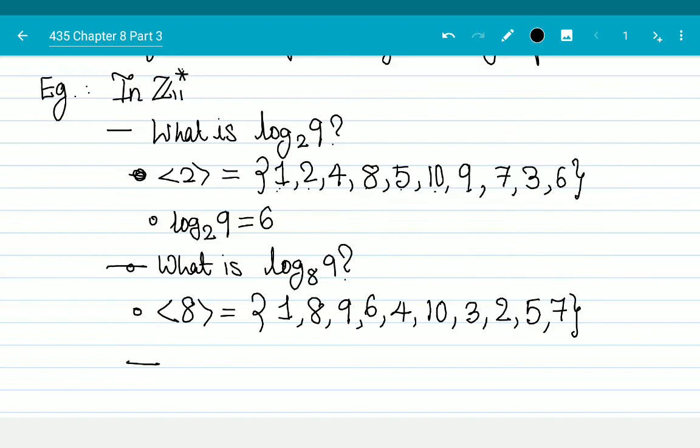So that is my group. So log to the base 8 of 9 is 2.